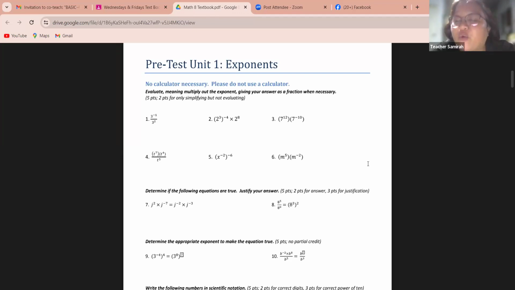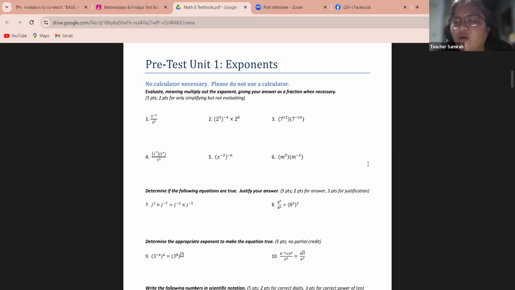What will happen if you add a positive number and a negative number? Are we going to subtract or are we going to add? Subtract.